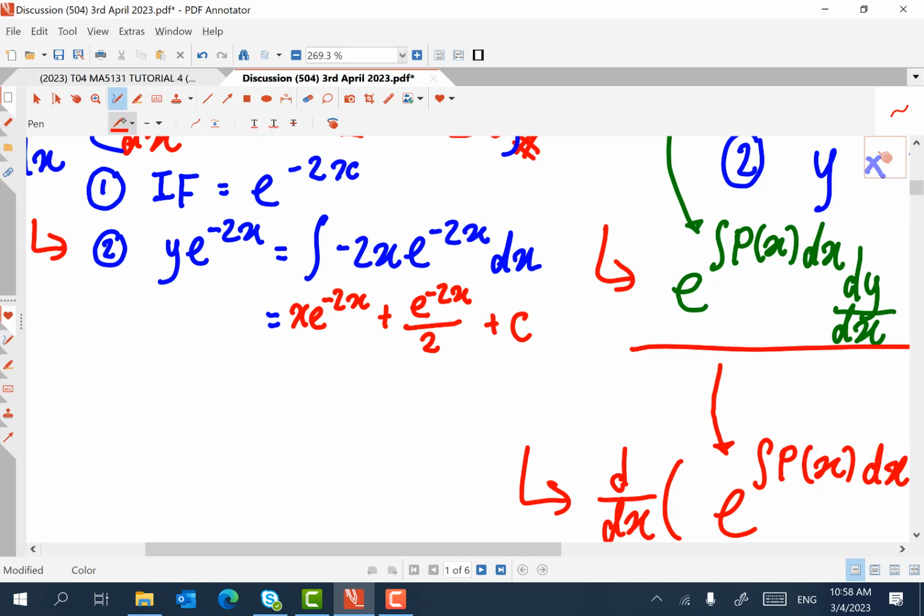So this part here I skip the details. Now give yourself 1 minute to convince yourself that by parts leads you to this, to work out the by parts on the right hand side. I have deliberately jumped steps so that at least you have something to try on the spot.